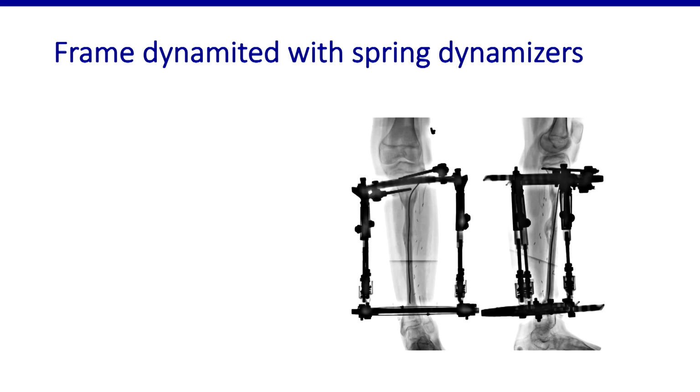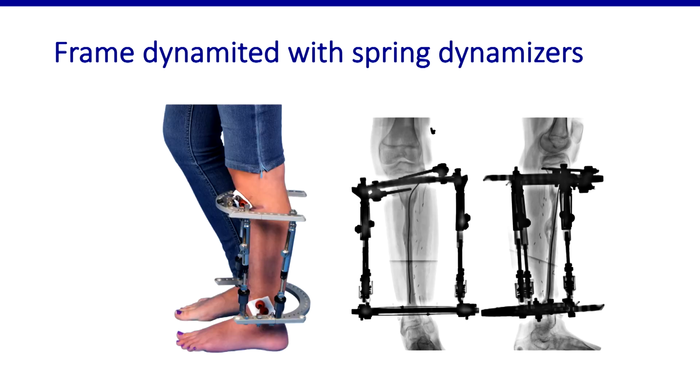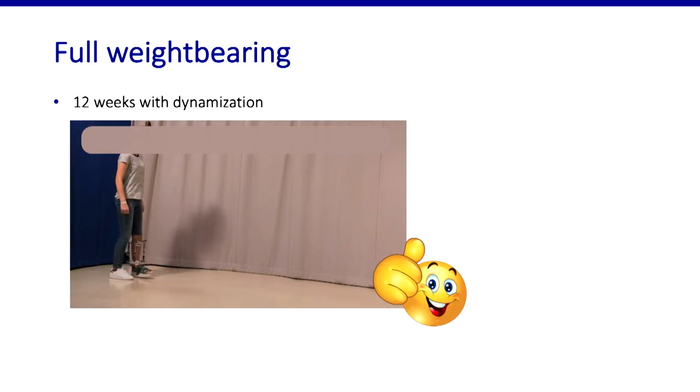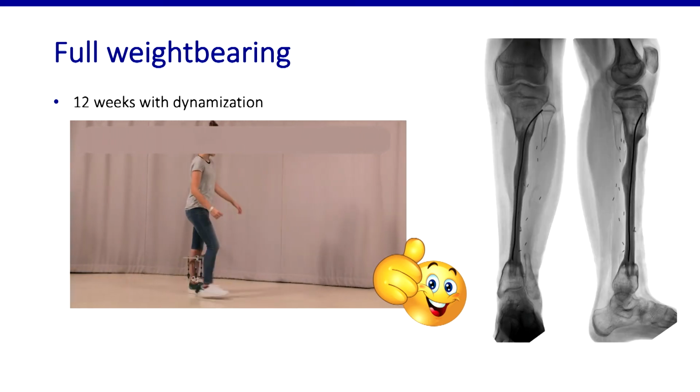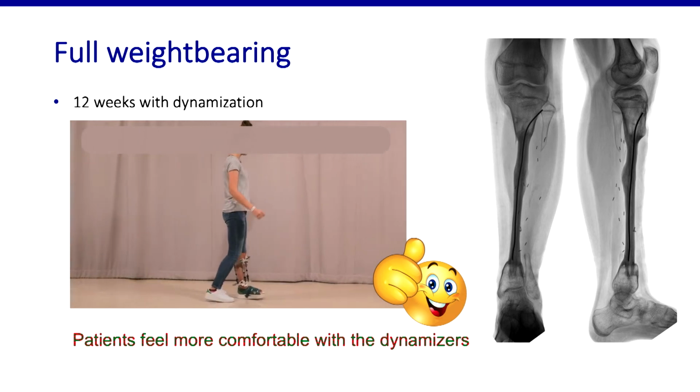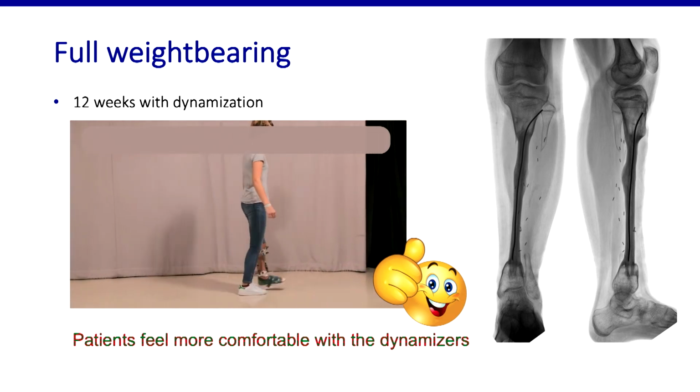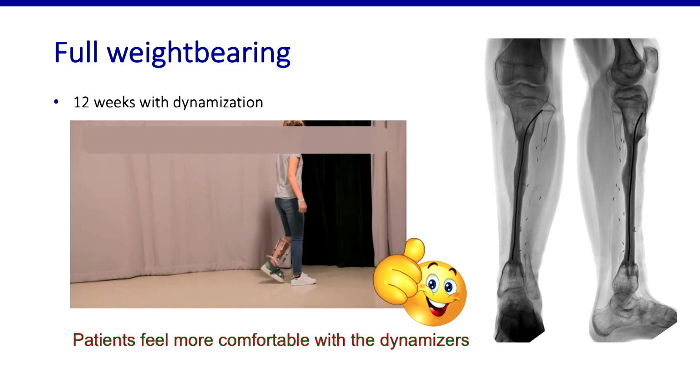But in this case, we immediately put on the dynamizers, and you can see the frame with dynamizers right there. The dynamization device connected with rapid adjust struts allows you to connect even non-parallel rings. And this is the patient with full weight bearing. Again, we were surprised, but patients actually feel more comfortable when you put on the dynamizers.